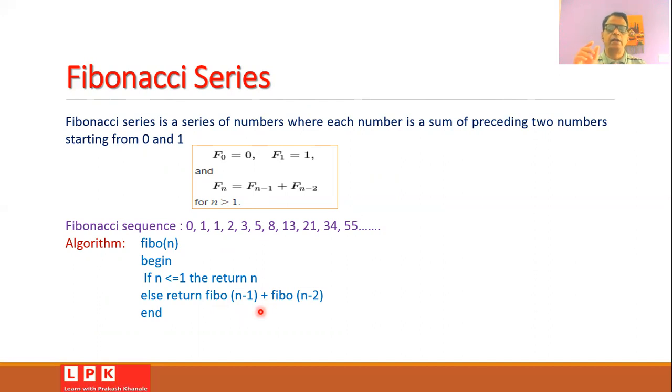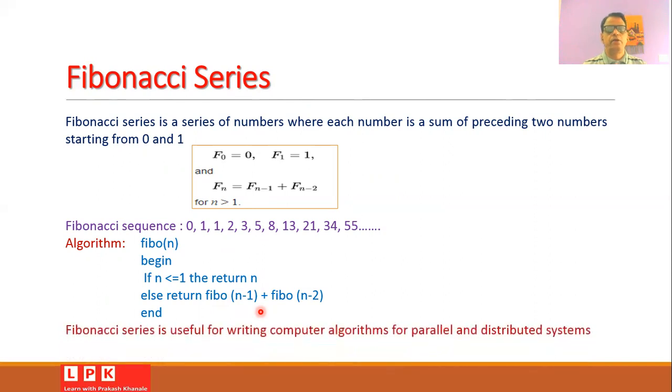That is, we will add the earlier two numbers to generate the next number in the series. The Fibonacci series is also very important in the study of mathematics and computer science, because we can use it in several algorithms, particularly when we write algorithms for parallel and distributed systems.